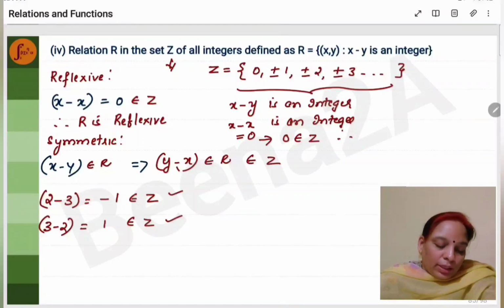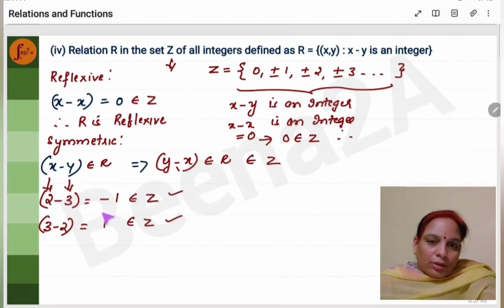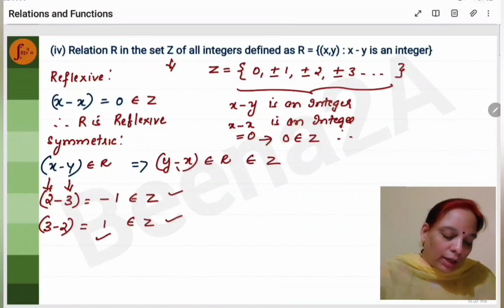So let's take an example. If I take x as 2 and y as 3, it becomes 2 minus 3, which is minus 1. Minus 1 belongs to Z. Now I'll swap it: instead of x I'll put y and instead of y I'll put x. So 3 minus 2 is 1. Again, 1 also belongs to Z. So therefore R is symmetric.